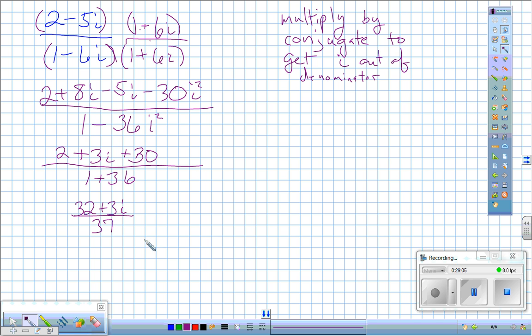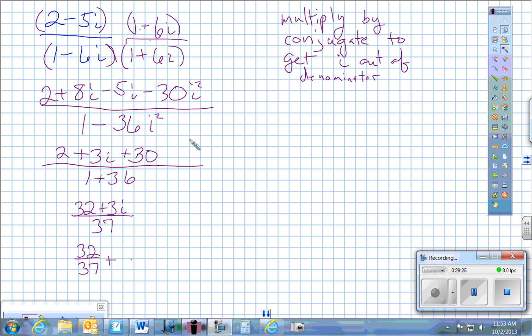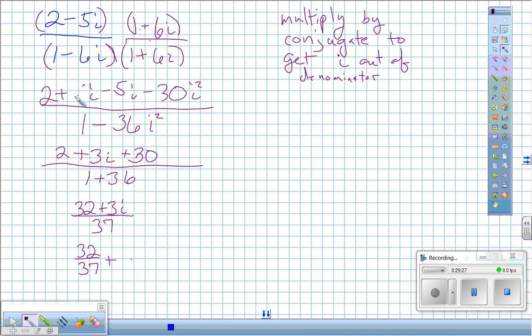With i's, the only thing that I change is actually how I write them. I like to write them out in separate fractions so that I can see the real piece. The real piece is 32 over 37. My imaginary piece is, oops, you guys probably caught it, but 2 times 6 is not 8. I added. 2 times 6 is 12.